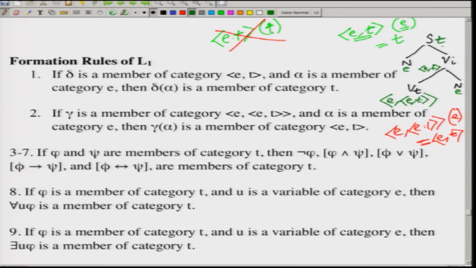What does it mean? It means that phi can be anything. So, if phi is any kind of a formula, it can be Mx, or it can be Lxy.